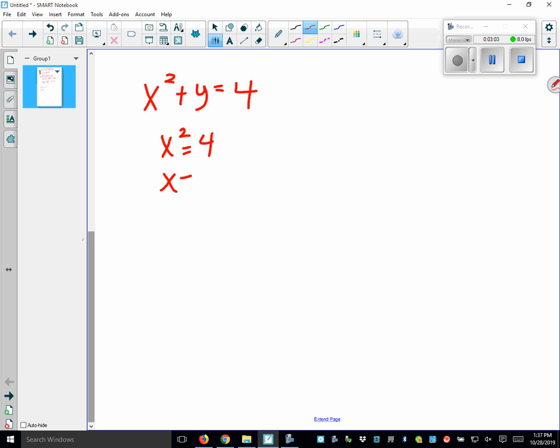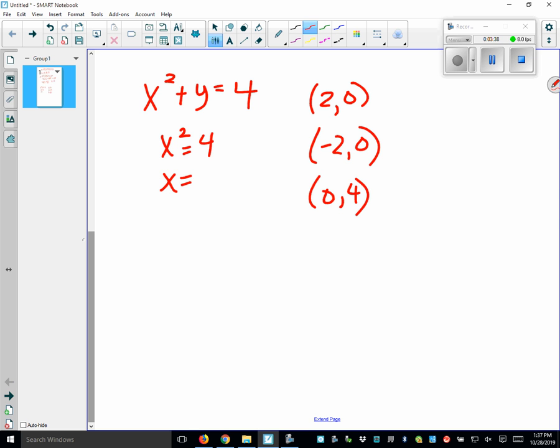What is x? Plus or minus 2. X-intercept is a point. So it is (2, 0) and (-2, 0). Correct? Now, how do I find the y-intercept? I let x be 0. So what's y equal to? So I have (0, 4).